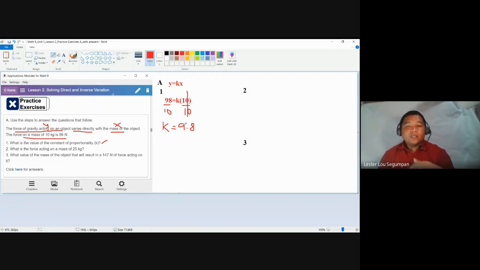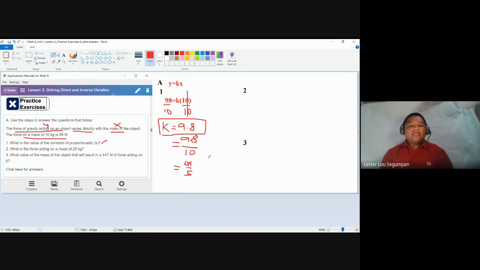In this problem, I'm using decimal to emphasize that 9.8 is really our gravity, 9.8 meters per second squared. This is the value of our k, or you could use the fraction 98 over 10, but you need to have it in simplest form. So divide by 2, and you have 49 over 5.